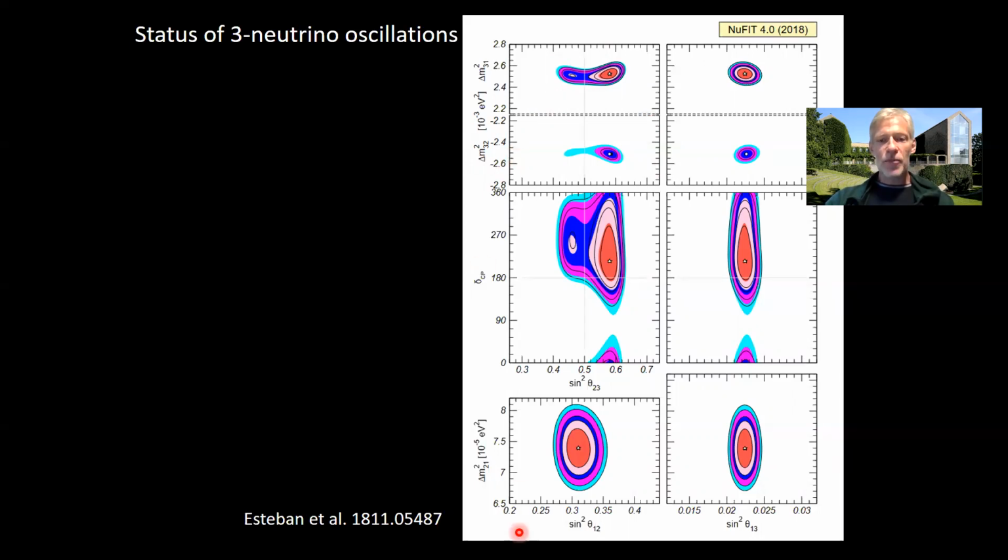Other parameters, we do know the sign of, for example, the 1-2 mass difference down here, which was measured using solar neutrino data. And the reason for that is that it's really a matter effect. So it depends strongly on the sun containing electrons and not many positrons.